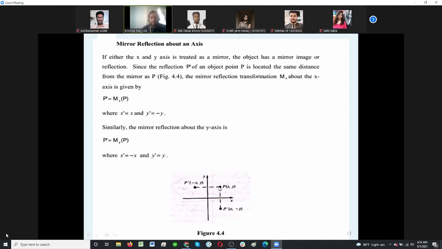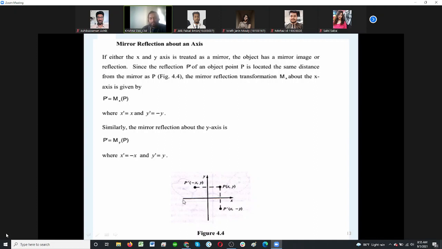So we can consider that it mirrors the position. So from the y coordinate perspective, the reflection is this point, which is minus x and y. Okay. So the mirror reflection about the y axis for that object is that the x coordinate value will be minus. Then that is the reflection that you get.